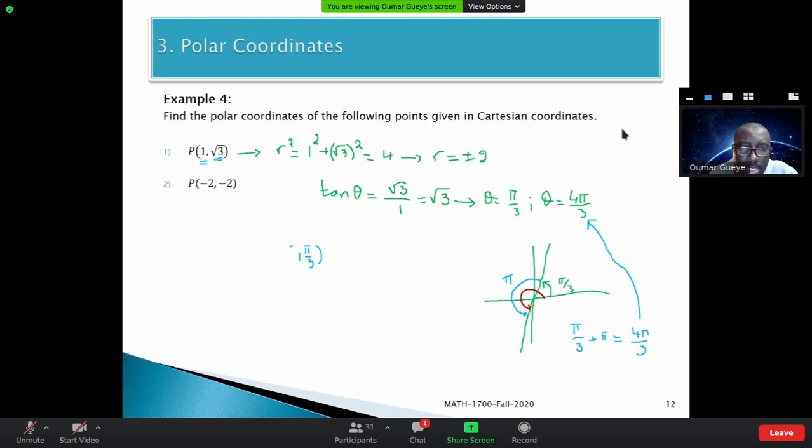The other one is I can take 2 and 4 pi over 3.